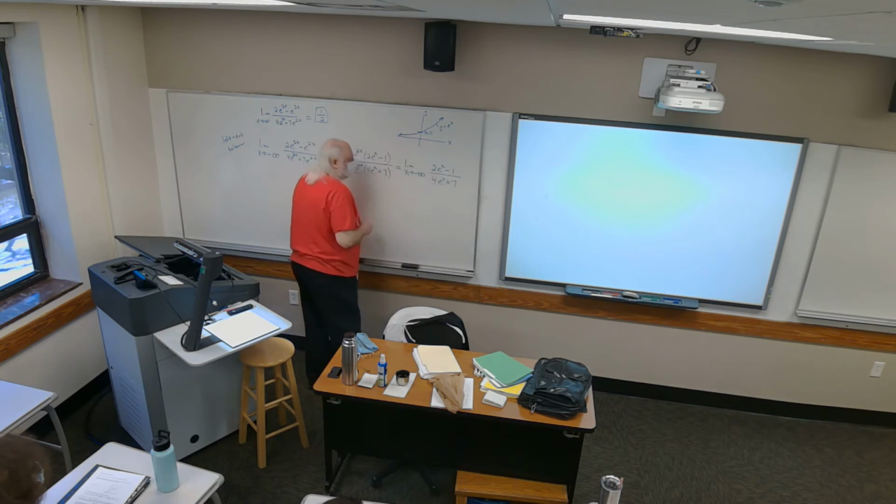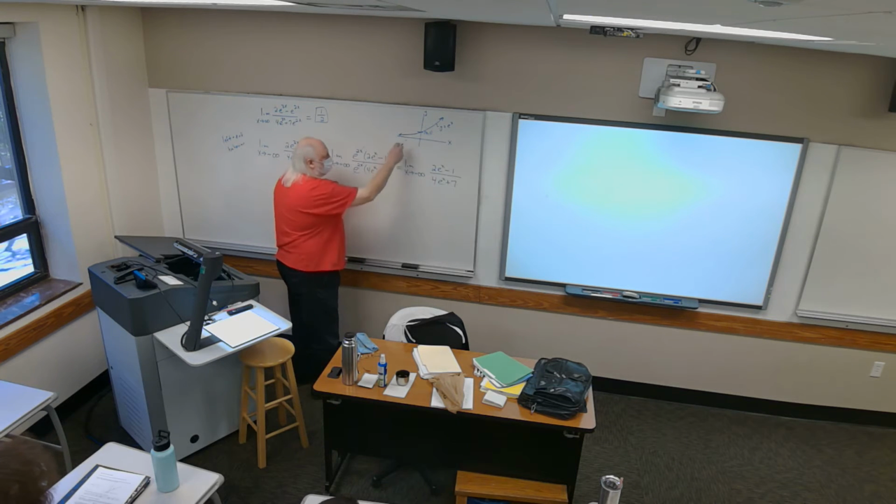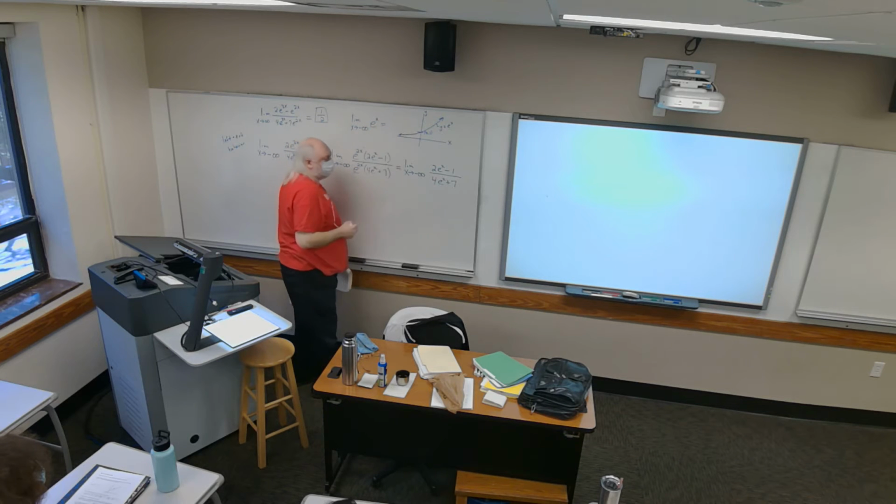Now you can either show this with a table of values, or you can look at the graph. As x decreases without bound, what's the graph telling us here? As x decreases without bound, e to the x is getting closer to what number? 0, right?